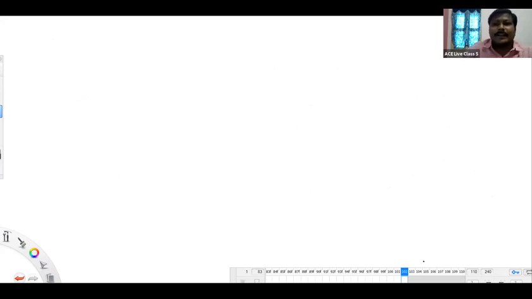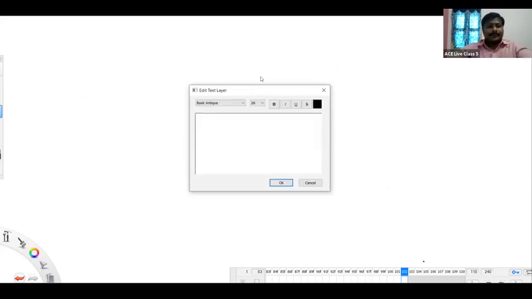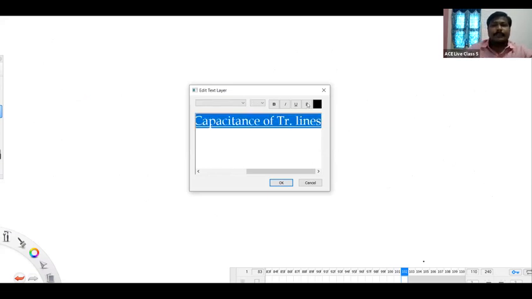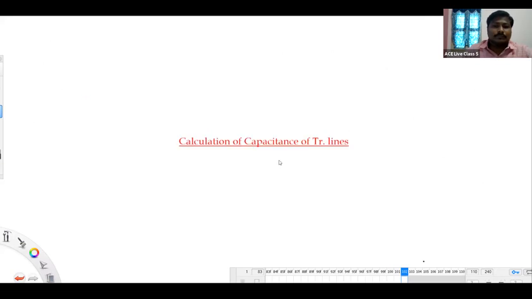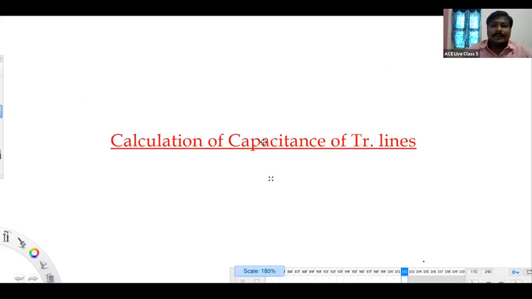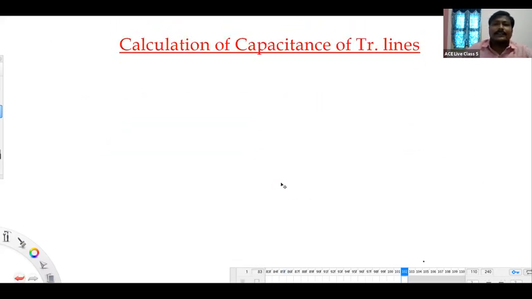Calculation of capacitance of transmission lines. In a similar way to inductance calculation.